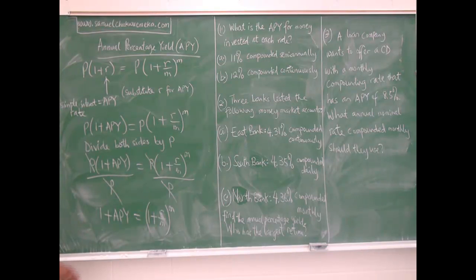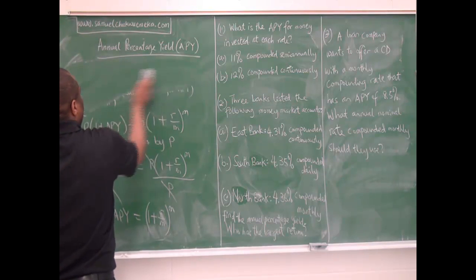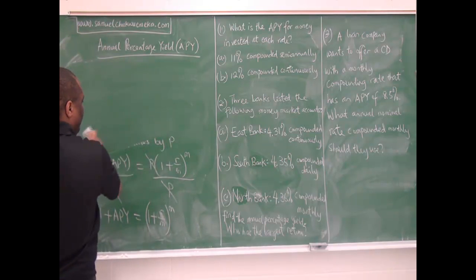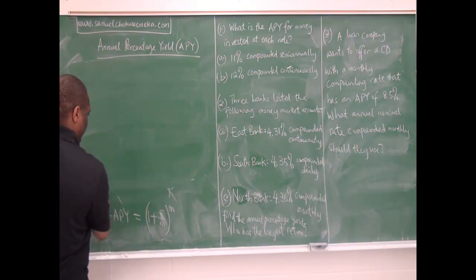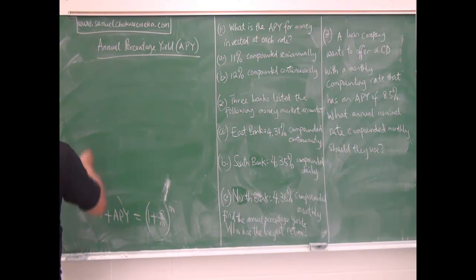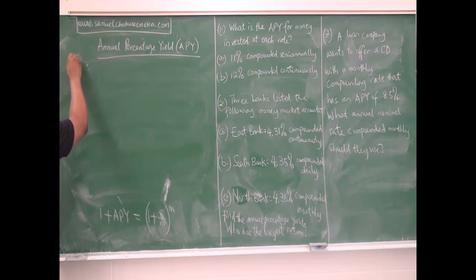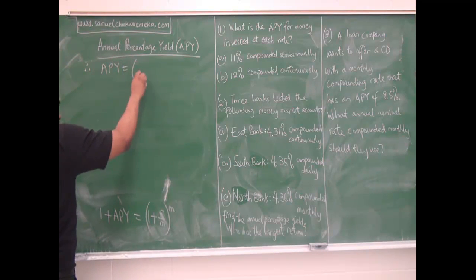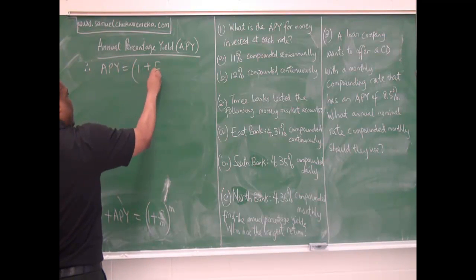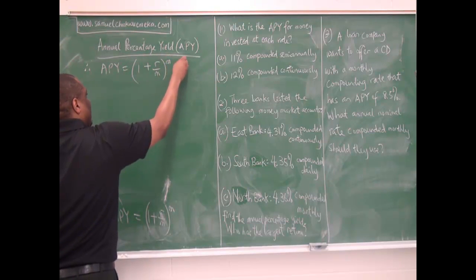Okay, I'll still need the space so I can finish. So this tells you that therefore APY will now be (1 + R/M)^M minus 1.